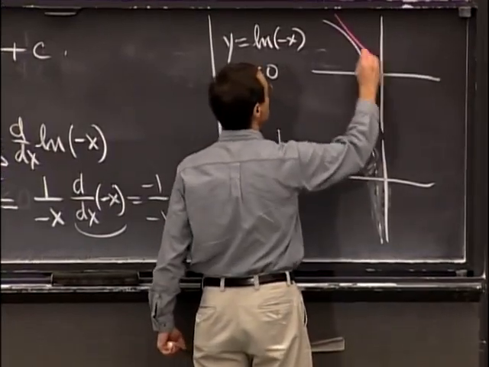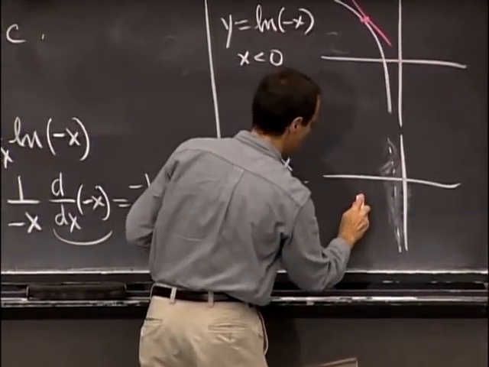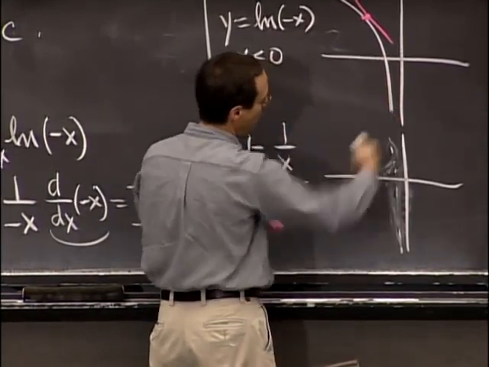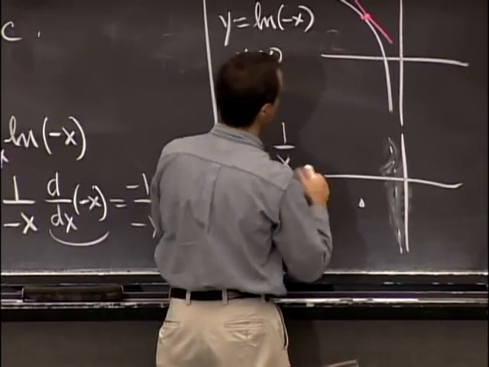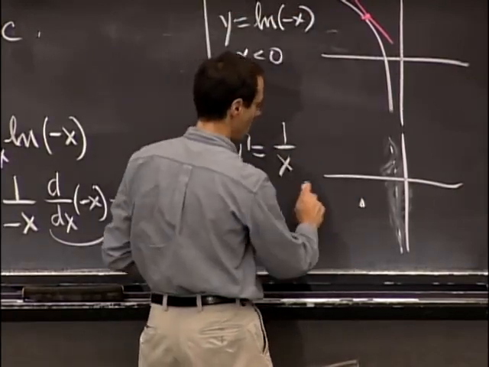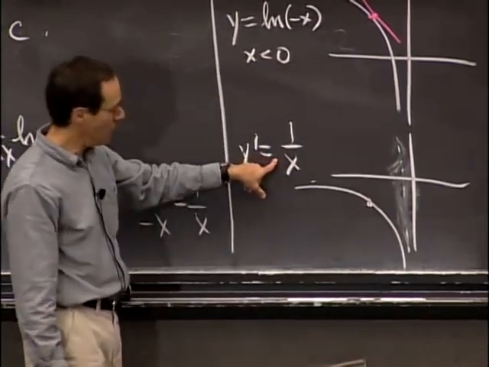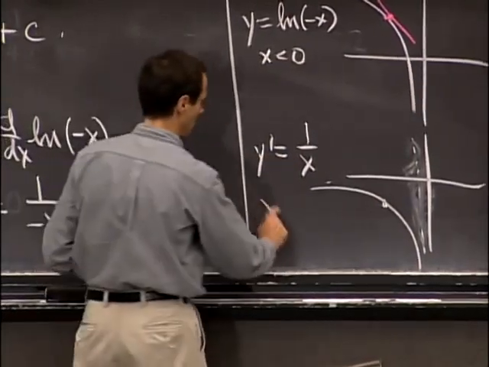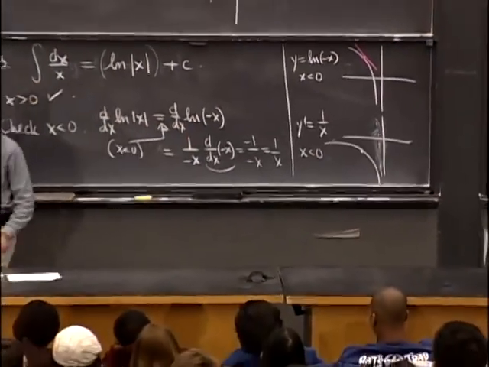So here, the slope is negative, so it's going to be below the axis. And in fact, it's getting steeper and steeper negative as we go down, so it's getting less and less negative as we go horizontally. So it's going like this, which is indeed the graph of this function for x negative. Again, x negative. All right?